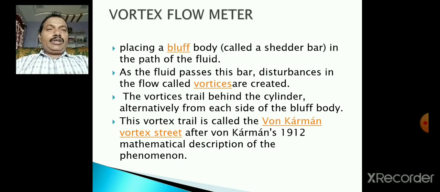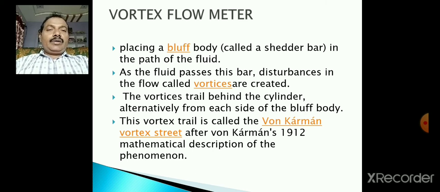The vortex flow meter places a bluff body called a shedder bar in the path of the fluid. This is the main item of the vortex type flow meter. As the fluid passes this bar, disturbances in the flow called vortices are created.